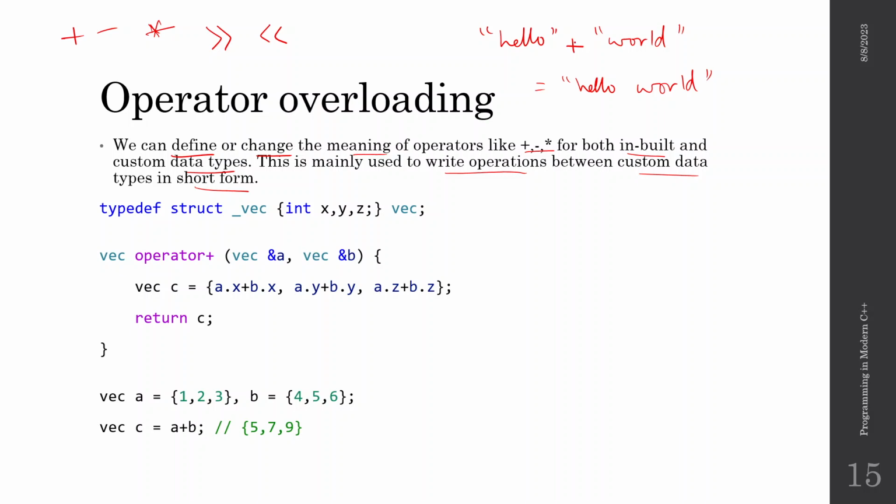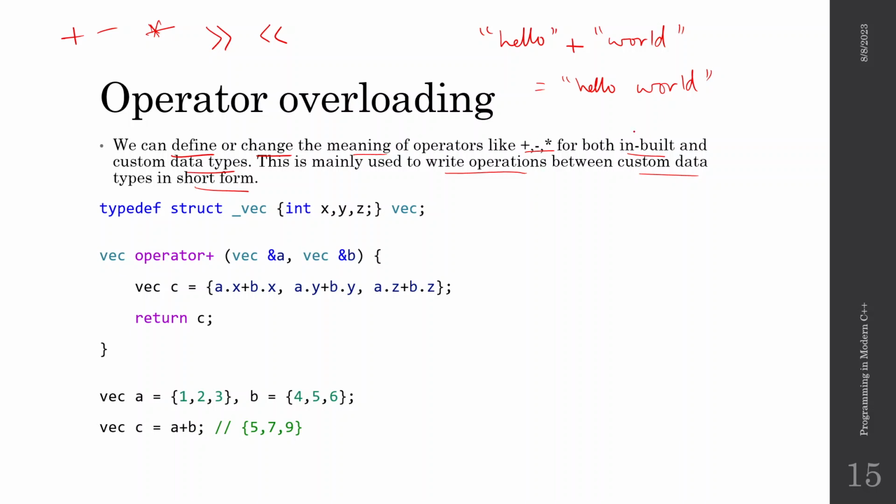If you think about it, it does not make much sense, because plus is a mathematical operation, so how can you do mathematical operations between two strings? But what we can do is we can define or change the meaning of the plus operator for custom data types such as string. So we can say that we want plus to mean this in the context of strings.